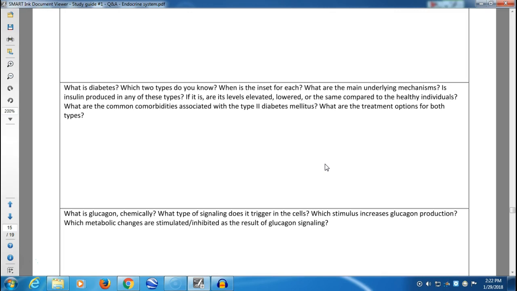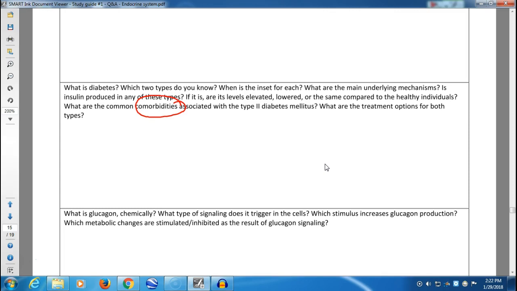What levels are up? Glucose levels are up. Levels of insulin are up. That makes sense? Comorbidities, that's a fancy word. What are they? Pretty much, what do people with type 2 diabetes also suffer from? Often obesity, hypertension, hyperlipidemia. So it's a lifestyle choice.